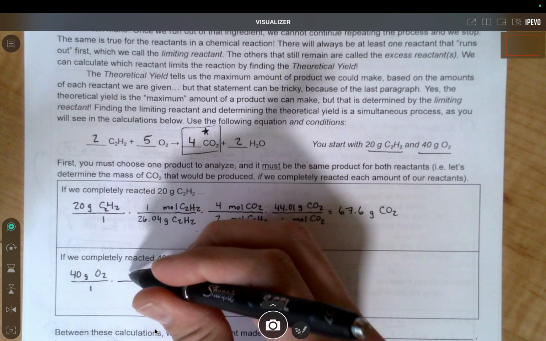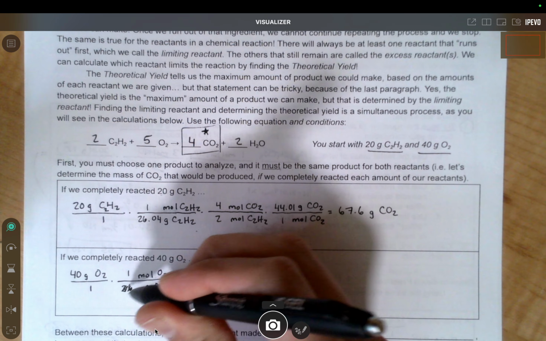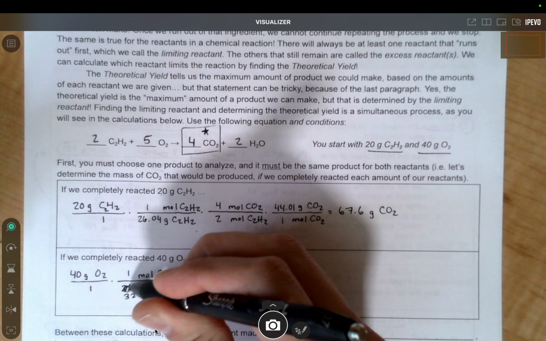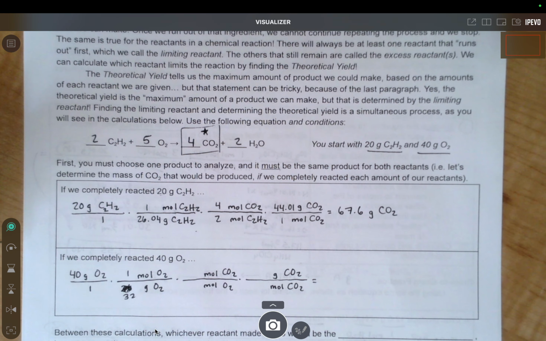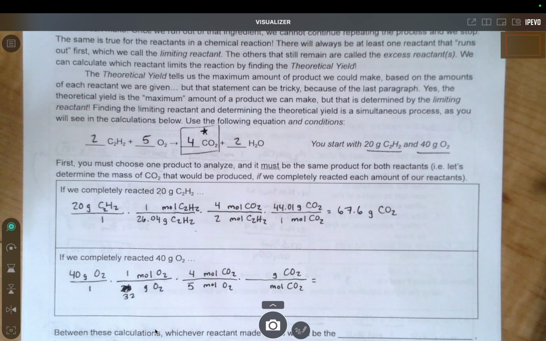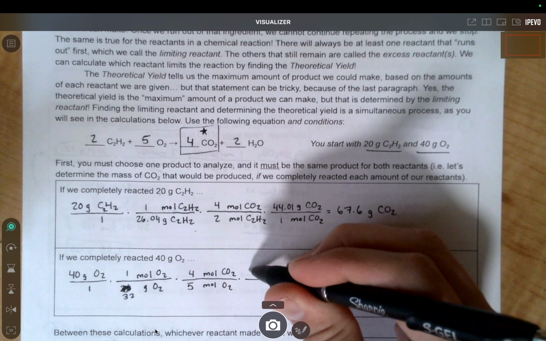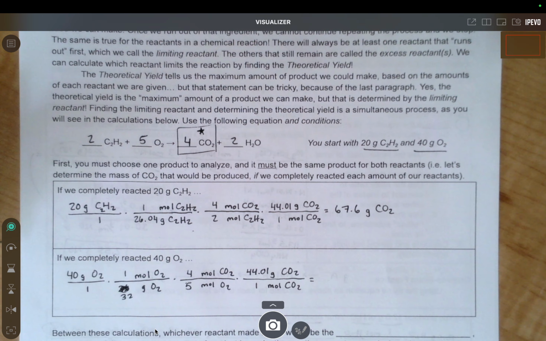Following my units, grams, moles of O2, and moles of CO2. Good. For every 1 mole of oxygen, there are 32 grams of oxygen, because 16 times 2. In our balanced chemical equation, for every 4 moles of CO2 we produce, we must use 5 moles of oxygen, and 44.01 is our molar mass, grams per mole.